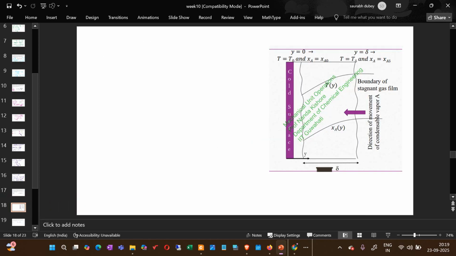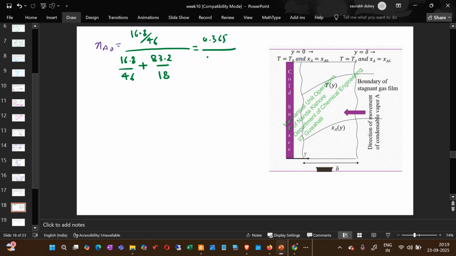Based on that, we calculate x A naught. x A naught is equal to 16.8 divided by 46, divided by 16.8 divided by 46 plus 83.2 divided by 18, which is equal to 0.365 divided by 0.365 plus 4.62. It will give you 0.073.